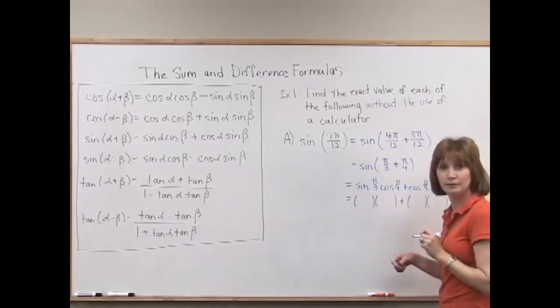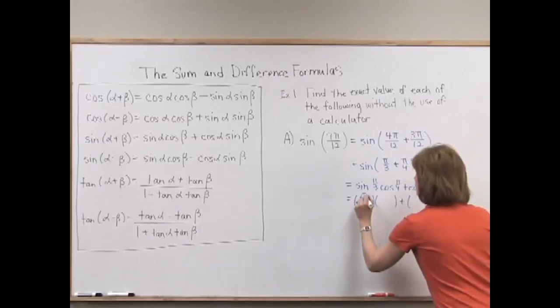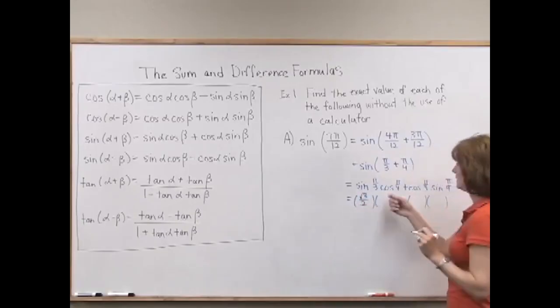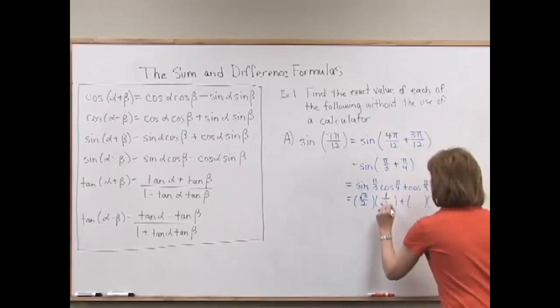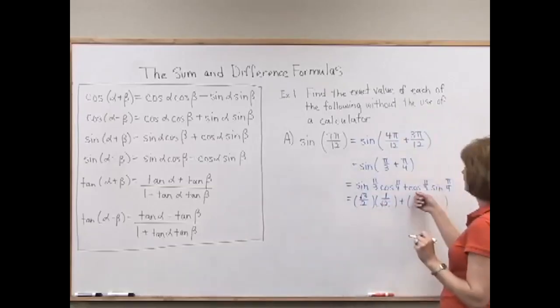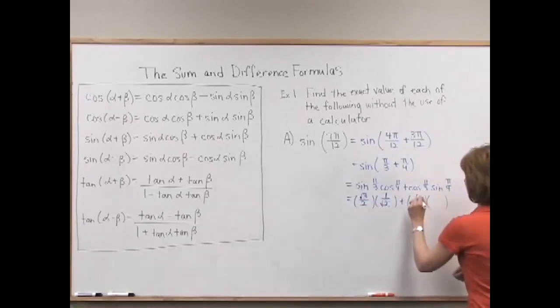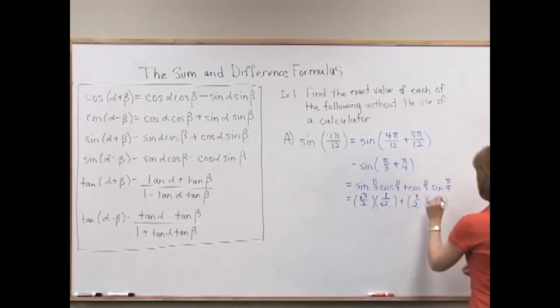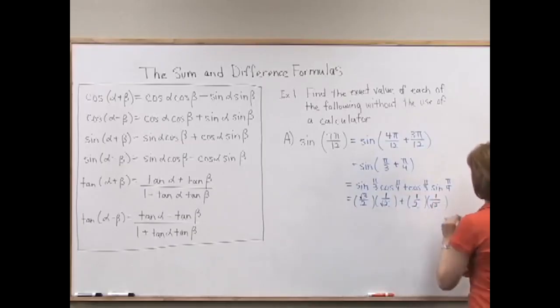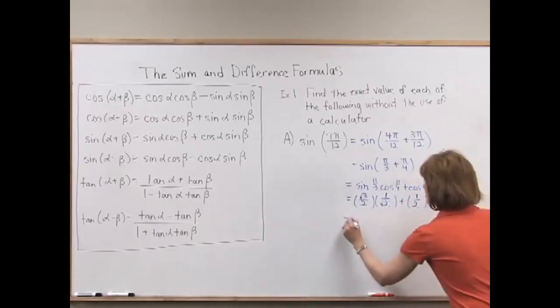The sine of pi over 3, remember, is square root of 3 over 2. The cosine of pi over 4, recall, is 1 over the square root of 2. The cosine of pi over 3 is 1/2. And finally, the sine of pi over 4 is 1 over the square root of 2. So let's see what we get.